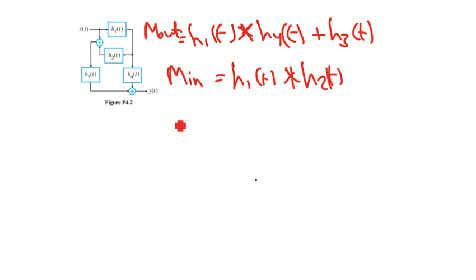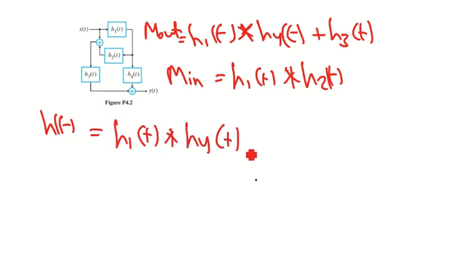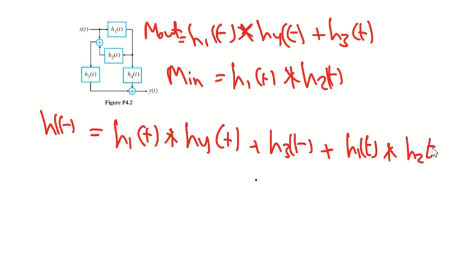Now you just add them to get the final impulse response. So h of t is equal to h1 of t convolved with h4 of t, plus h3 of t, plus h1 of t convolved with h2 of t.